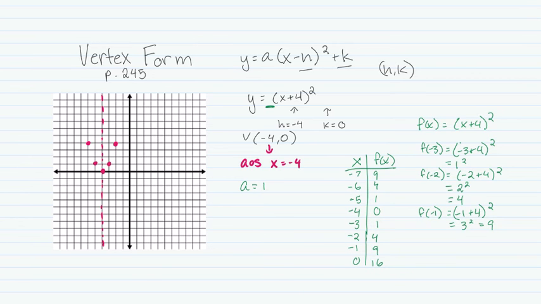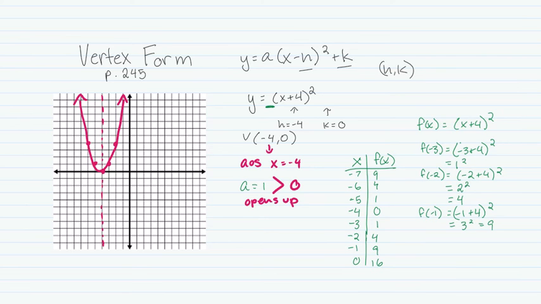That's enough to get a pretty good picture. If I wanted to plot my y-intercept, I could, but that's actually going to be out of my picture. It should be a nice curve that opens up, since a is positive, greater than 0, which means it opens up. So that is one example.